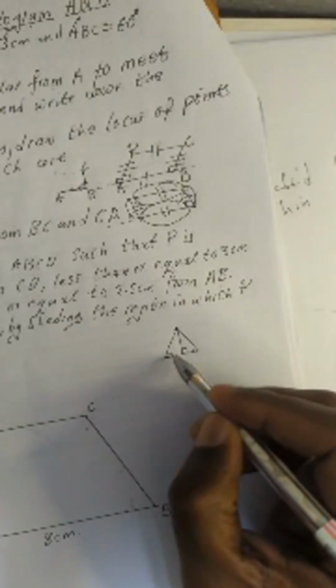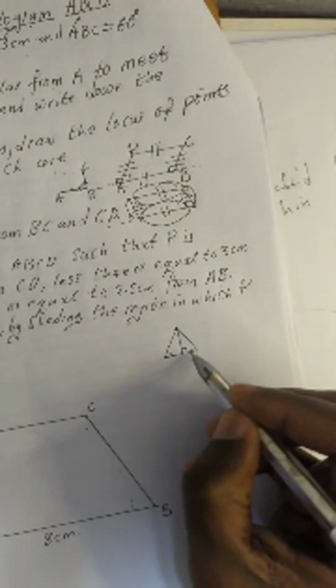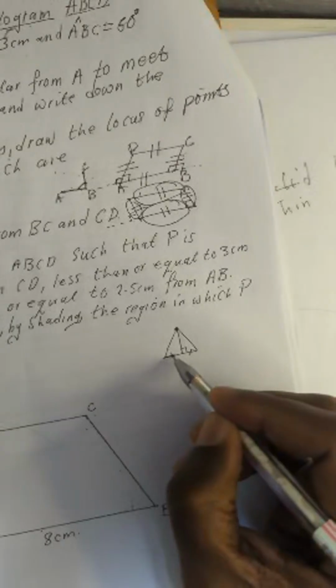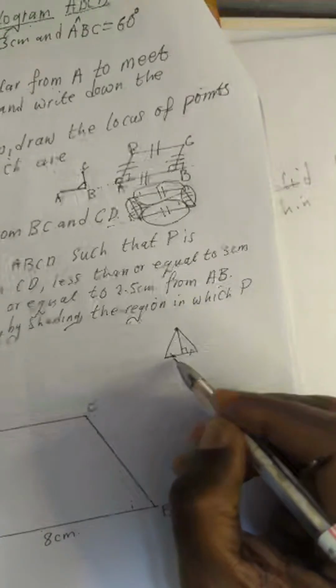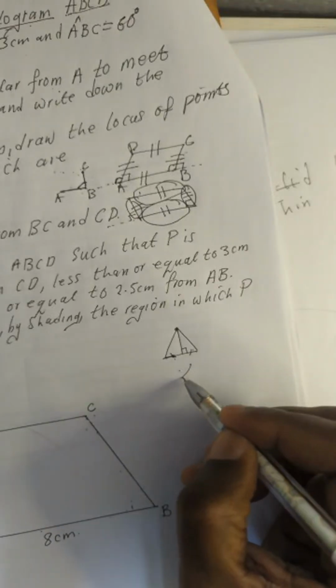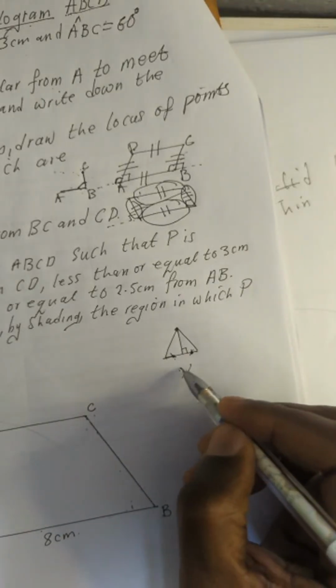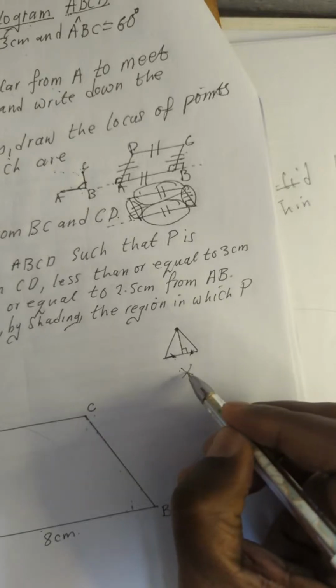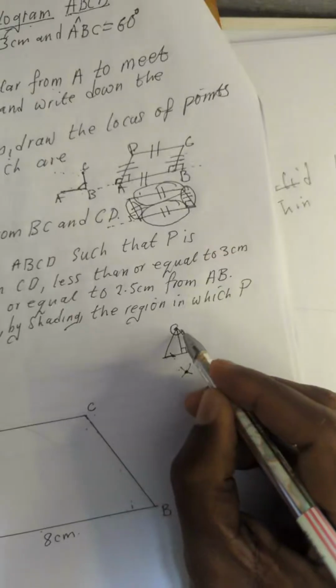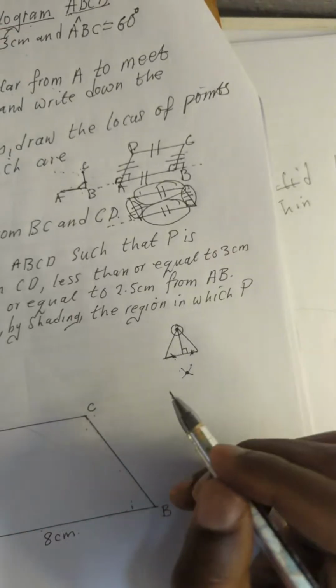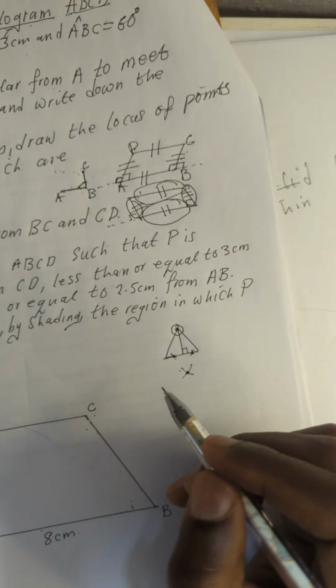Then you do an arc that's going to cut this line at 2 points. Then again, you stand on one of the points where the arc cuts the line, you do an arc, and again you stand here, you do an arc. After that, you connect where the two arcs meet with the point of origin. Then that is a perpendicular from a point.